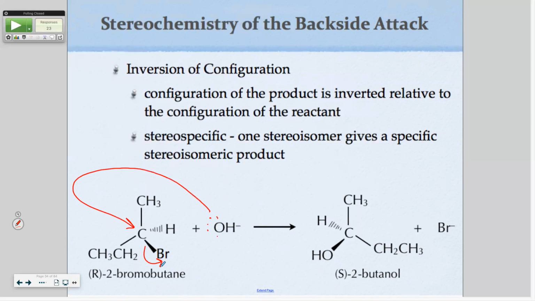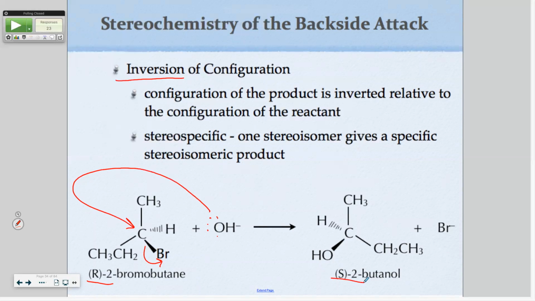Notice what happened to our stereochemistry. It gets flipped. When stereochemistry gets flipped, it's called inversion of configuration. So this one is R, and the one that we made is S.